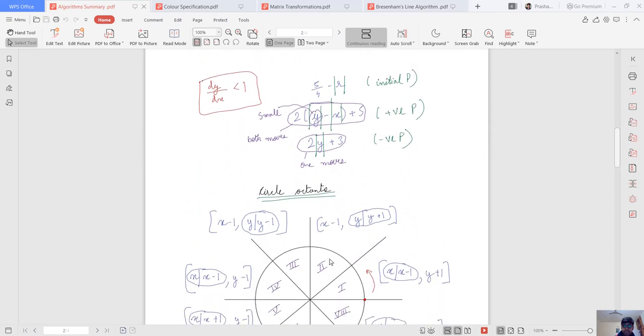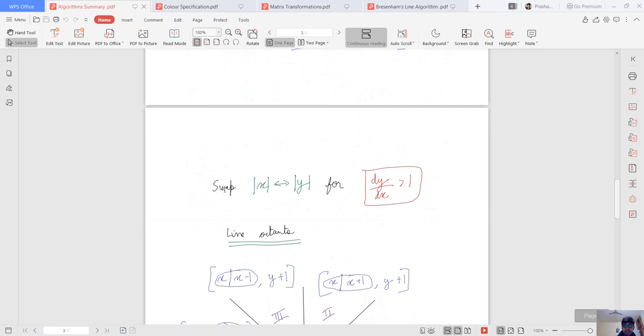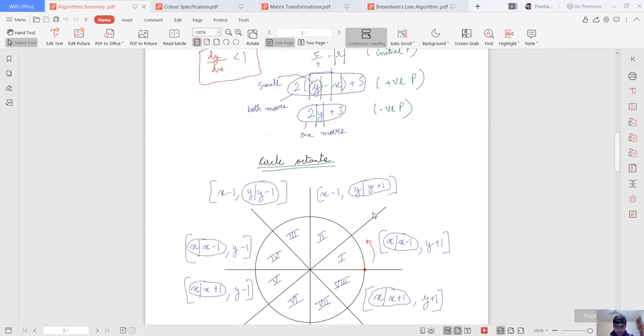If the slope is greater than 45 degrees, then dy is greater than dx. If dy is greater than dx, then we won't use this algorithm directly. We flip them both. As you can see, we swap x and y if the slope is greater than 1.